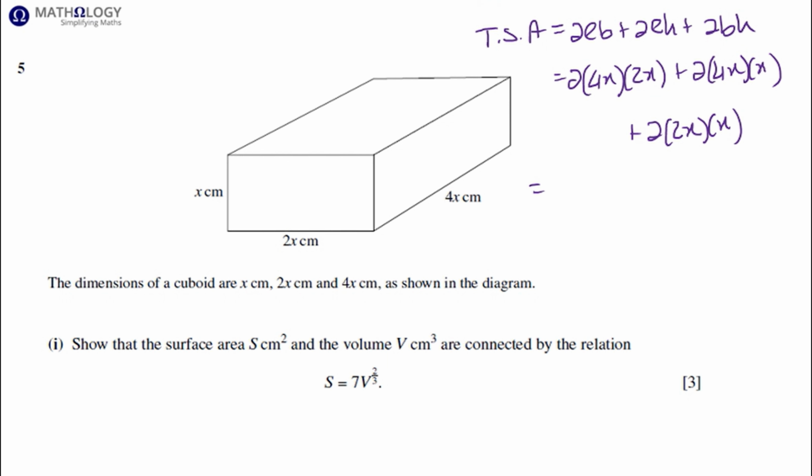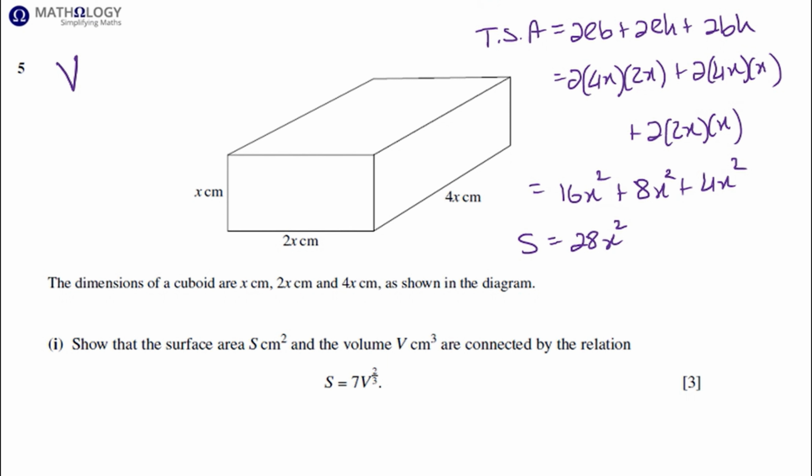So that will give us 16x squared plus 8x squared plus 4x squared, which equals 28x squared. That's the total surface area, which we're just calling S.